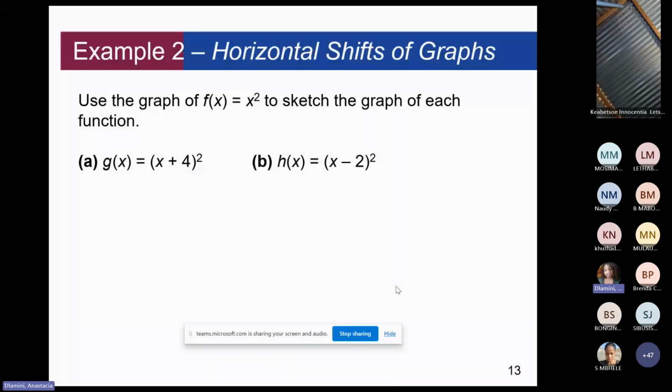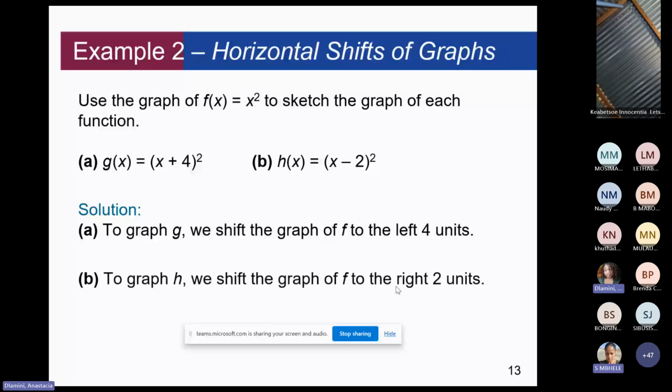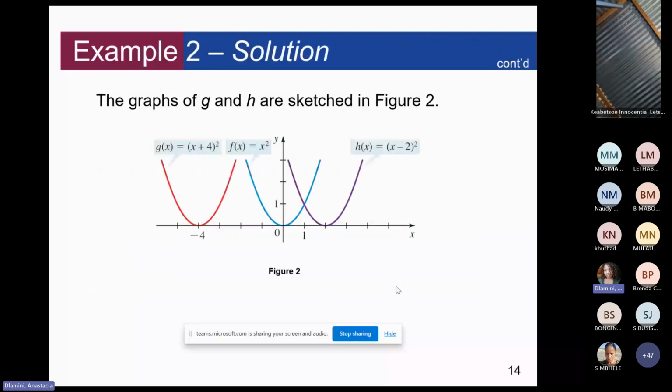To graph g, we shift the graph of f to the left 4 units, meaning that the value of x is changing and we're shifting it 4 units to the left. To graph h, we shift the graph of f 2 units to the right, meaning because we are doing a horizontal shifting, only the x value is changing and the y value is remaining the same. So that is the 2 graphs.